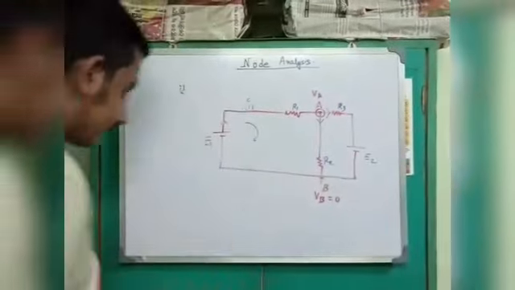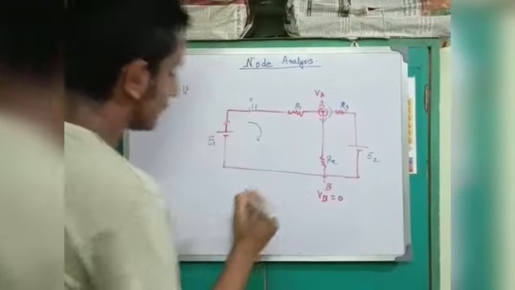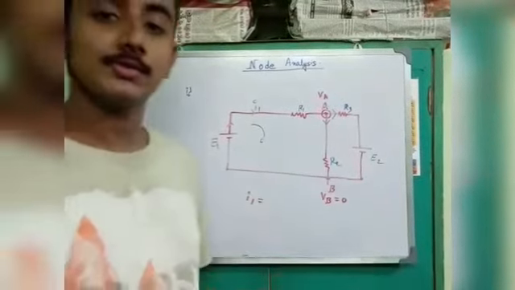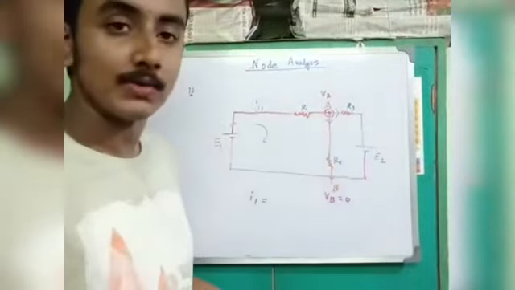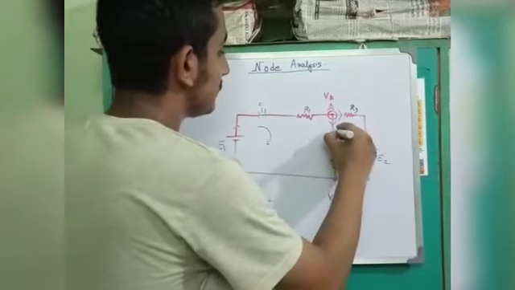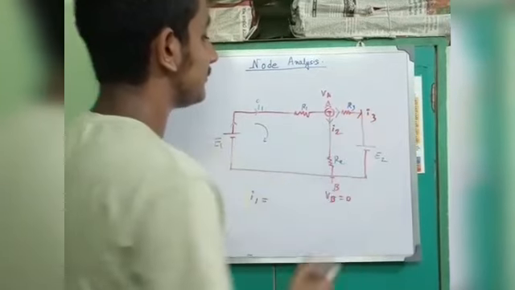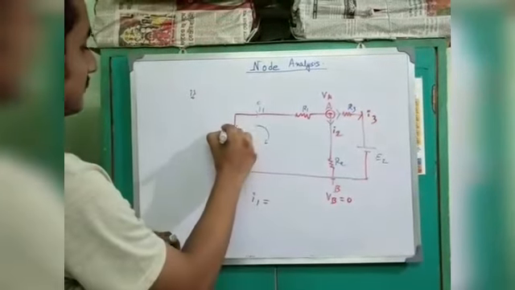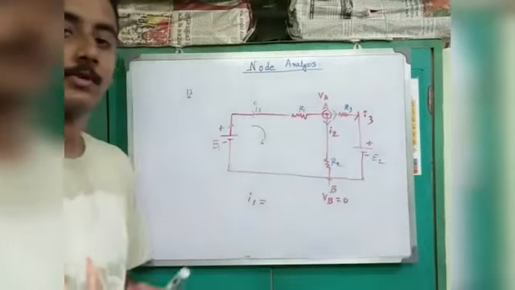So if I write that I1 equals to, from your common sense, it's dividing in two parts. So I1, I2 and I3. This is I2 and this is I3. This is positive, negative, positive, negative.